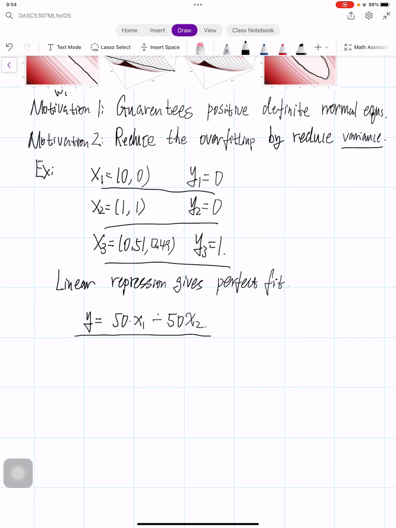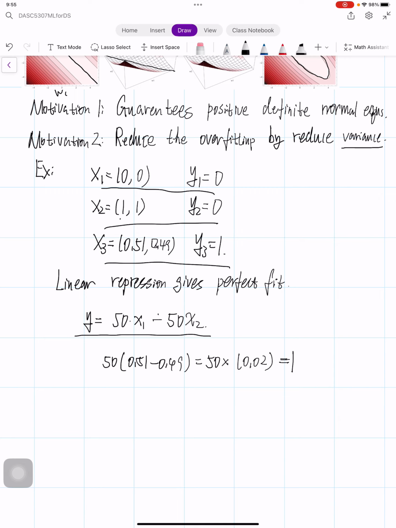For example, if you plug in (0, 0), you get 0. Plug in (1, 1), 50 minus 50 is 0. If you plug in the last one, 50 times 0.51 minus 50 times 0.49, this equals 50 times 0.02, which gives you 1, right?